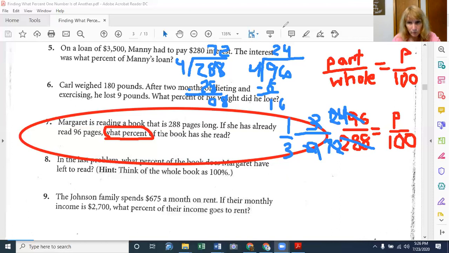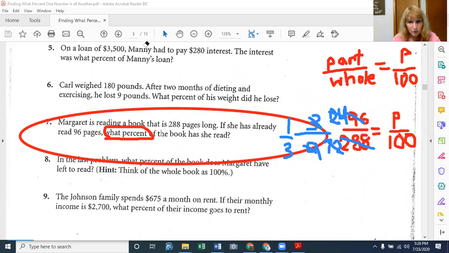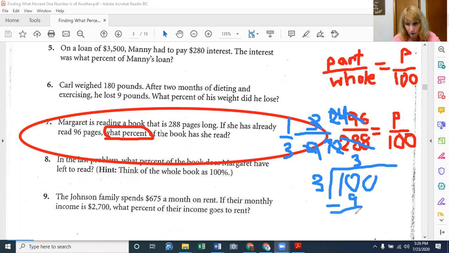So let's clear a little bit of this away now that we figured this out. So 1/3 of 100 is basically what the question is. So 1 times 100 is 100. And I'm going to divide that by the number that's left, which is our 3. And you're going to see it's going to become a repeating number. 3 goes into 10 3 times. That gives you 9. 10 minus 9 is 1. Bring down the 0.